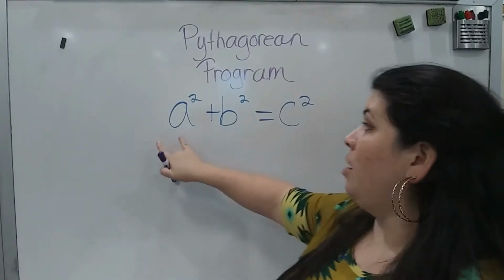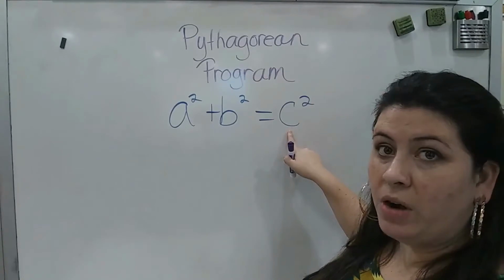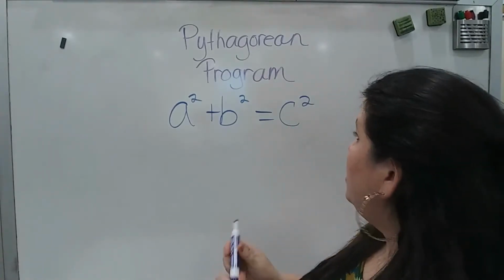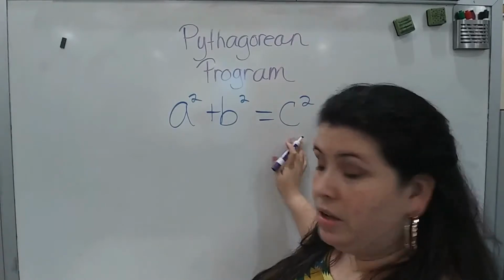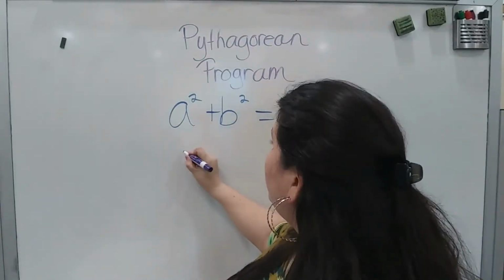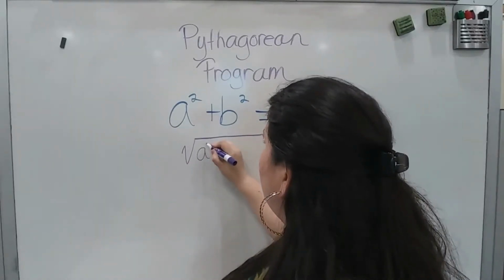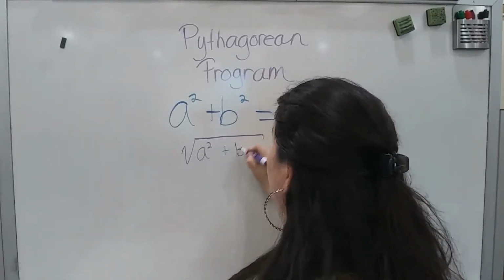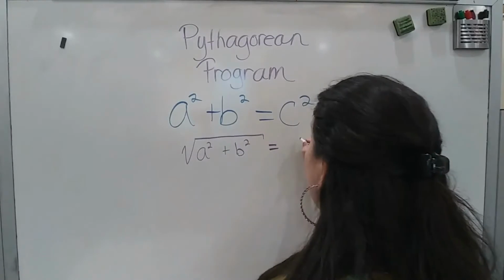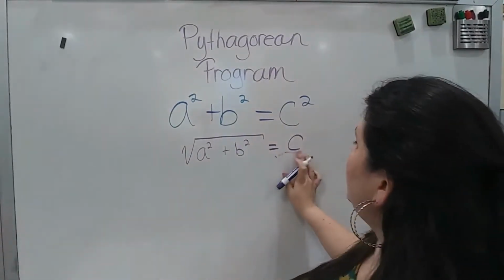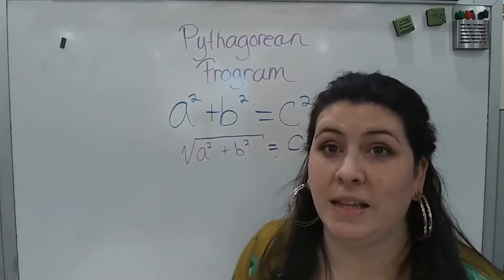We want our program to spit out c for us and not c squared. So we're going to solve for c. We're going to tell our program to take the square root of a squared plus b squared, and that is going to equal our c. Let's jump right into it.